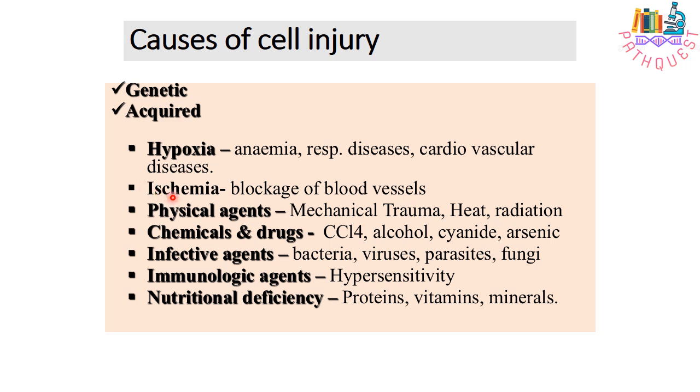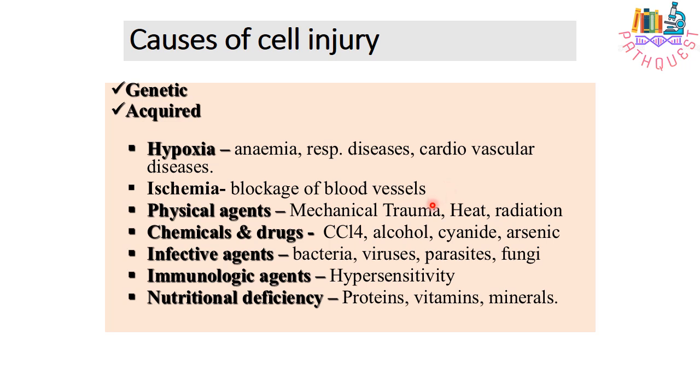Ischemia is a condition where there is decreased blood supply to the tissues. So ischemia will ultimately result in tissue hypoxia and damage to the cells resulting in cell injury. Ischemia is mainly caused due to blockage of blood vessels, especially the arteries.